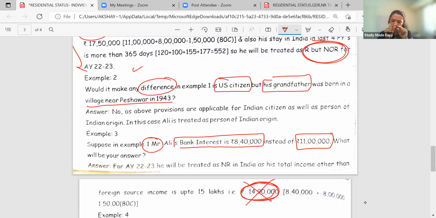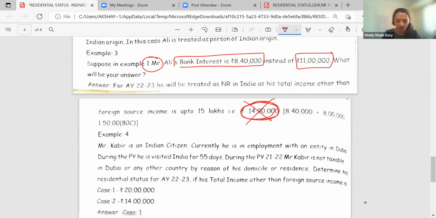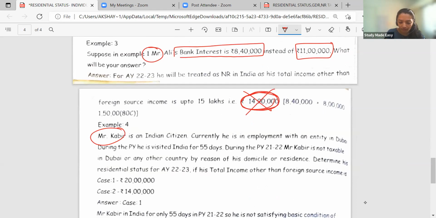But for the condition, the crux you have to remember, only the crux: 3 conditions have to be seen together. Mr. Kabir, individual, Indian citizen. Employment outside India, Dubai, no income tax. Remember, in Dubai there is no income tax. So he is an individual, he is an Indian citizen.